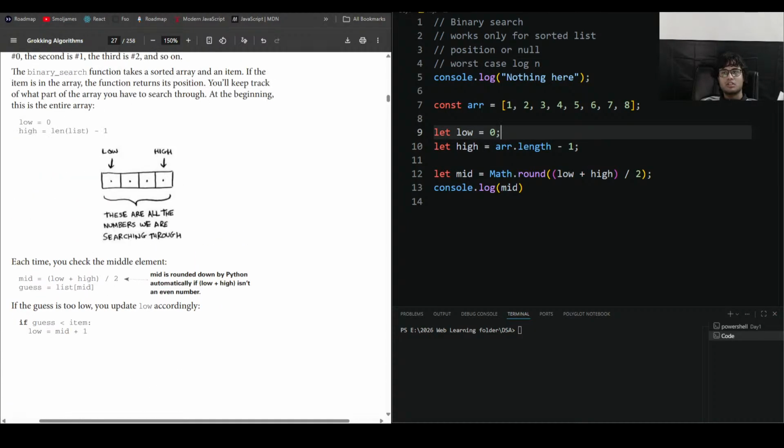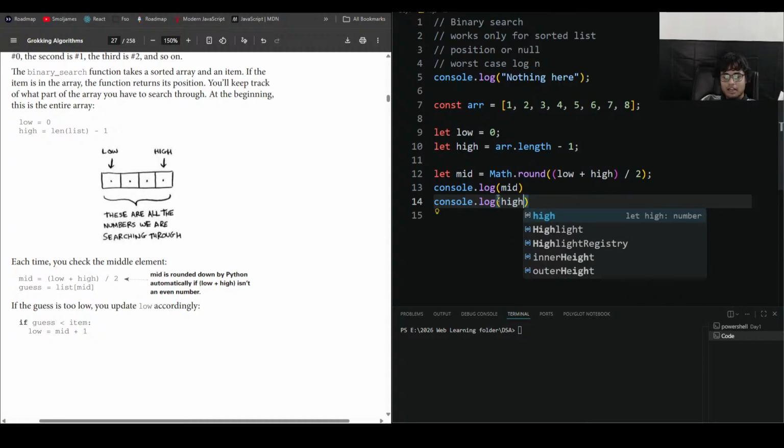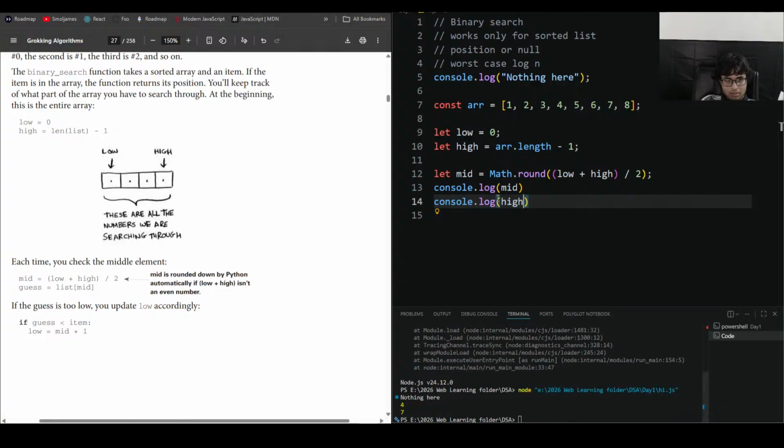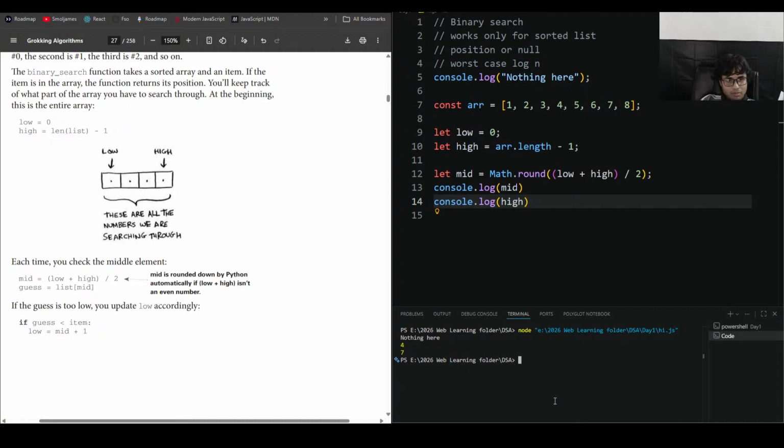Okay, sorry. 0, 1, 2, 3, 4, 5, 6, 7. It's going to become 6. What's high?